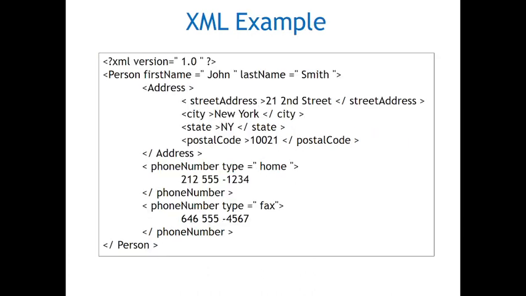Now, this is an example of a sample XML file. See, opening tag of person, closing tag person, address opening tag, closing tag, phone number open tag, close tag. So data, attributes, and the core tags all have opening and ending. This is very simple to understand, easy to use.